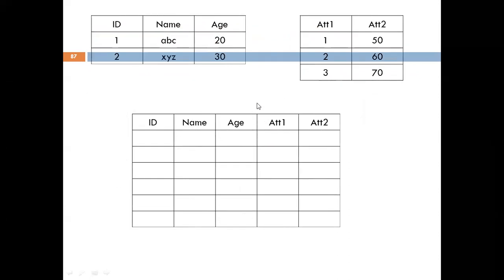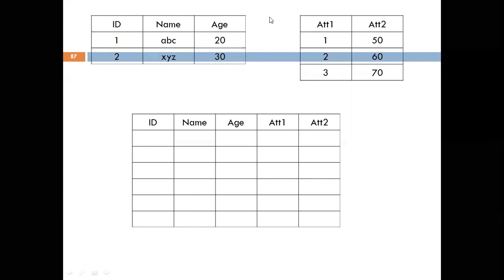So consider this particular example. Two tables. Let us call this one R and this one S. Now, if we apply the Cartesian product, then it will be like this.